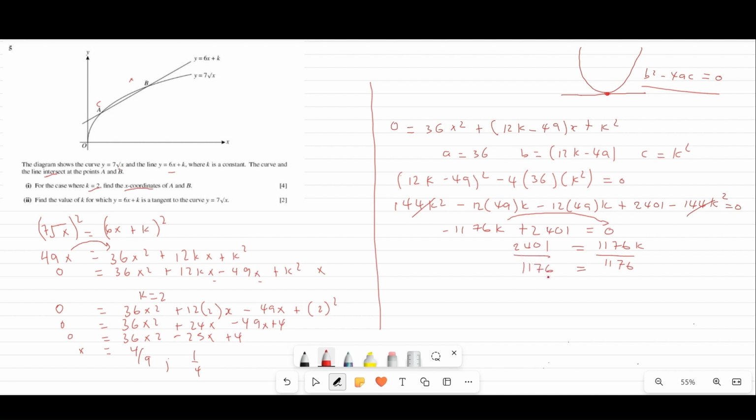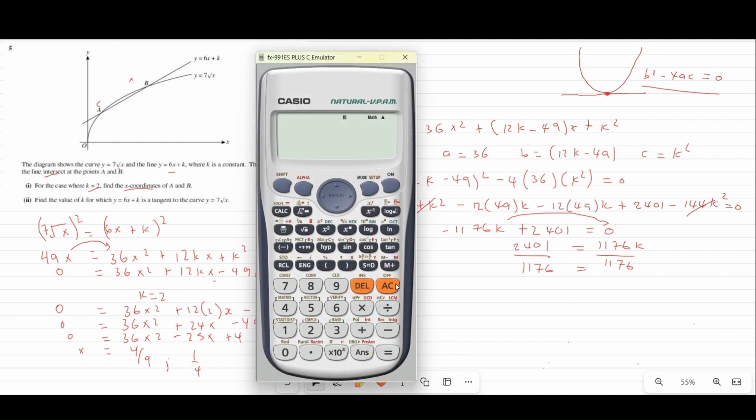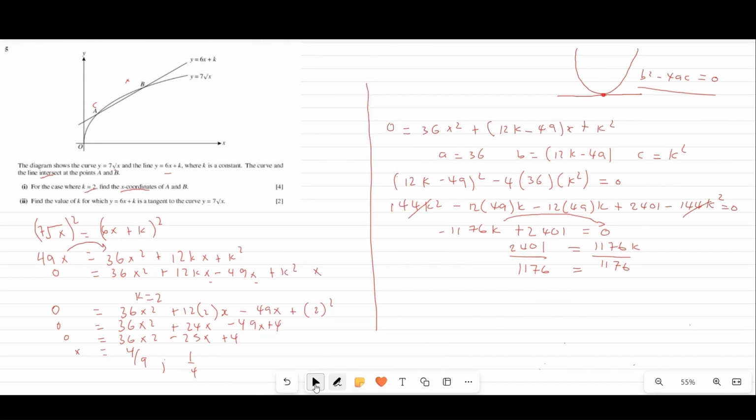Punching this into the calculator, we have 2401 divided by 1176. This gives us 49 over 24. This means that k will be equal to 49 over 24. That's our final answer.